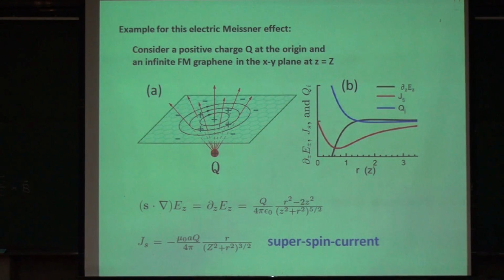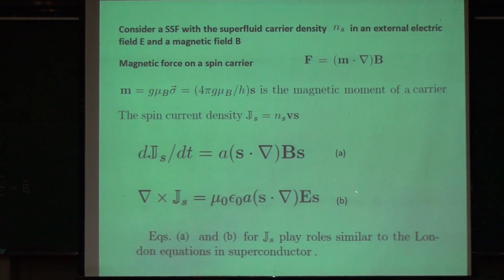Through this equation, the gradient of this electric field due to the extra charge will give you the spin current.